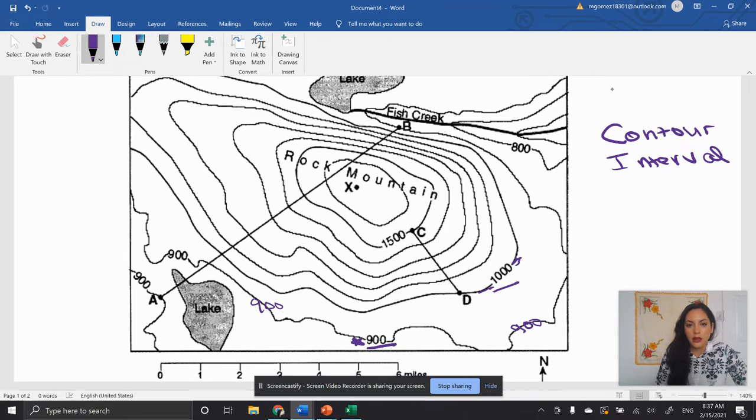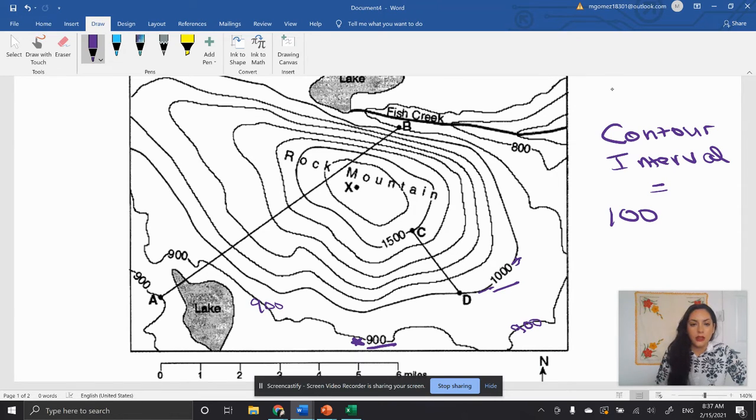These two contour lines already tell us how much we're adding or subtracting as we go along. This is 900, this is 1,000, so 1,000 minus 900 is 100. So our contour interval, the difference between one contour line and the next, is 100.